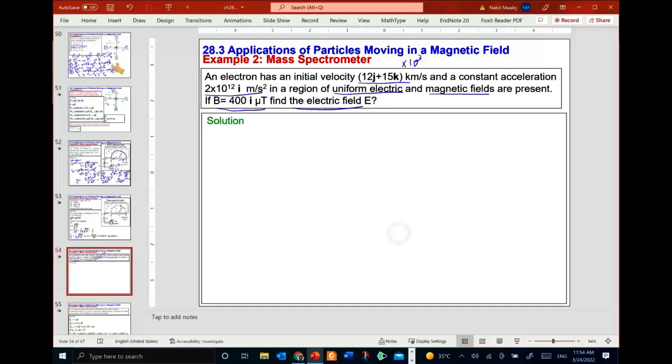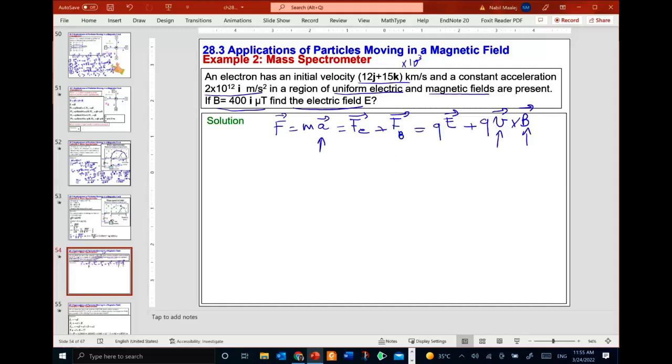So first of all, we know F has to be equal to ma. But here F is two forces. We have the electrostatic force Fe plus Fb. So I have to write these. What's Fe? Fe is Q times E, which we do not have. They asked us to solve for E. And the magnetic force is Q V crossed with B. Okay, so I have the velocity vector, I have the magnetic field vector, I have the acceleration.